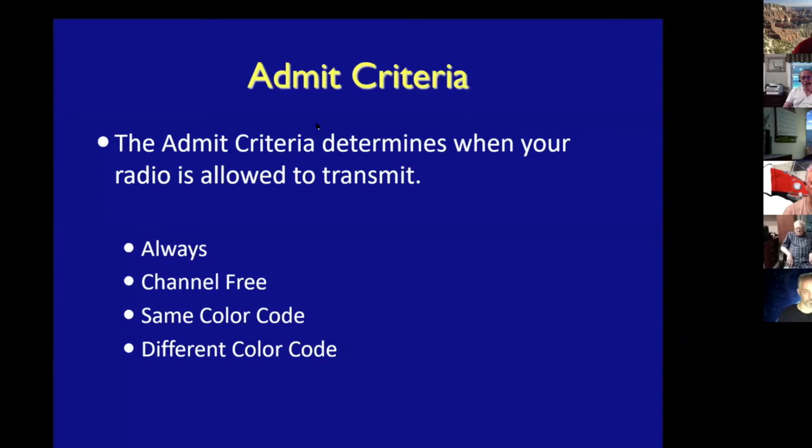So that's why I might want to make sure, for example, if I'm scanning, that I'm using the same color code to stay on color code 7, or I want to not key up something, so I want to use a different color code. One more term, one more complexity, but one more complexity adds to the versatility of DMR radio.